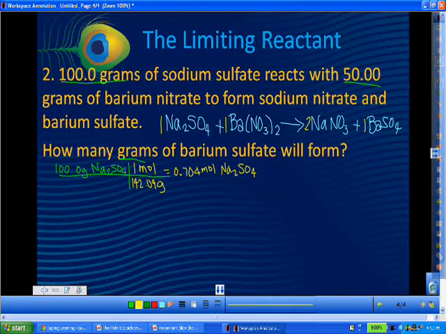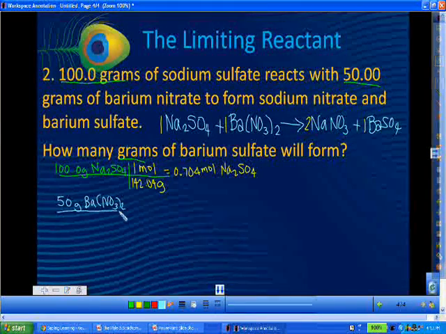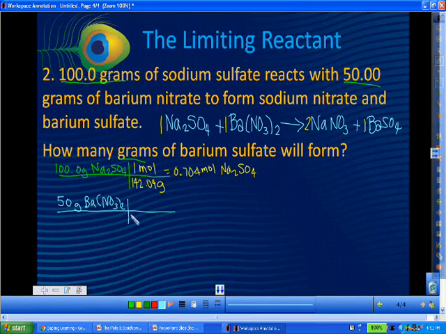Now let's check out the barium nitrate. We have 50 grams of barium nitrate. So if we go grams to moles to see how many moles are available, we're going to use molar mass. Once again, for the sake of time, molar mass, I've calculated it to be 261.34.